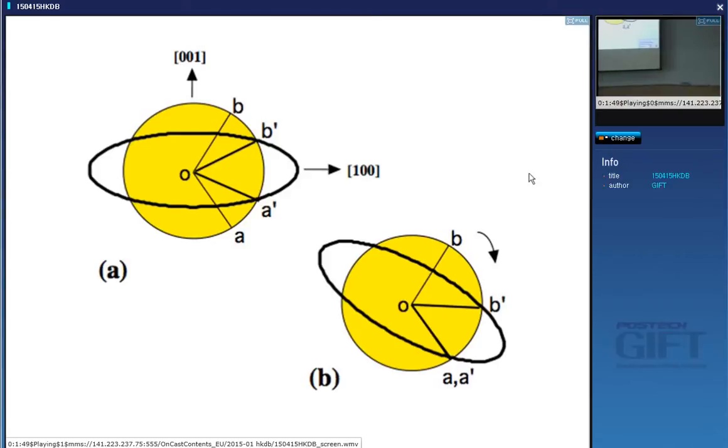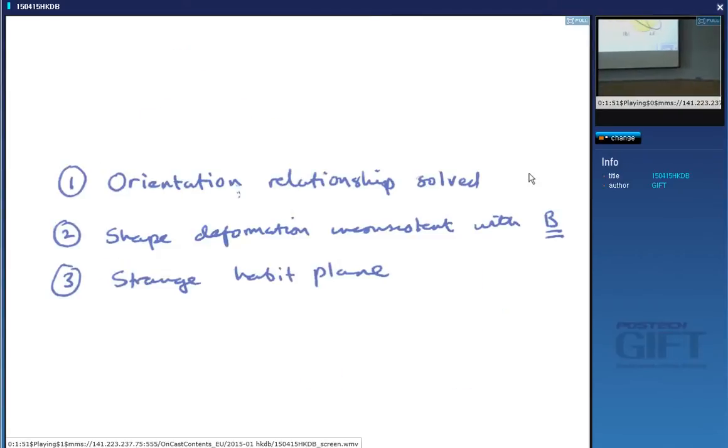In other words, an invariant plane strain. So at this point, we have solved the orientation relationship, but the shape deformation is not consistent with the combination of the Bain strain and the rigid body rotation, and we haven't explained why we get the strange habit plane indices like 315, 10, and 259, and even those are approximate.